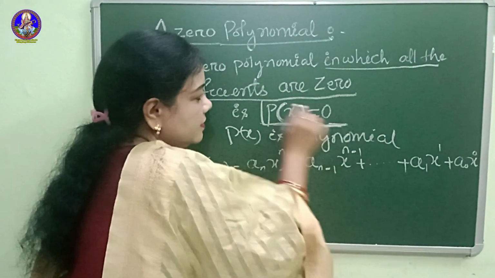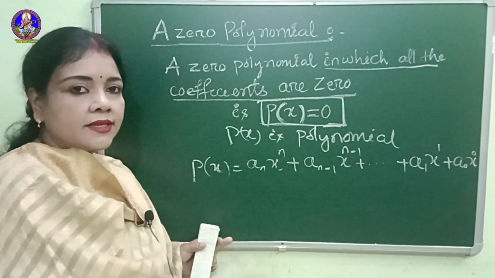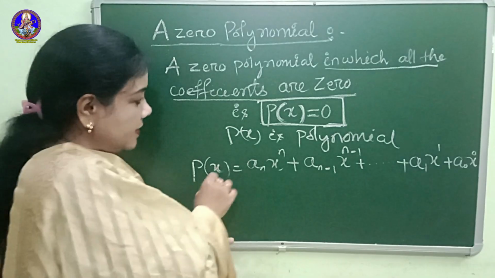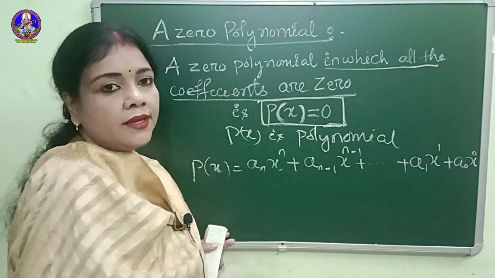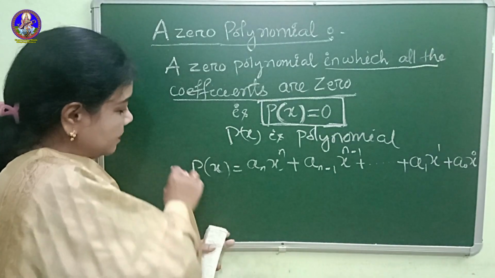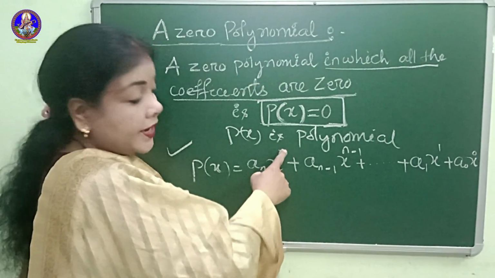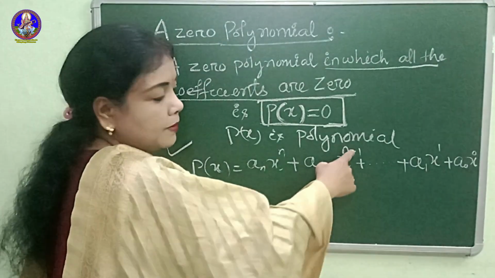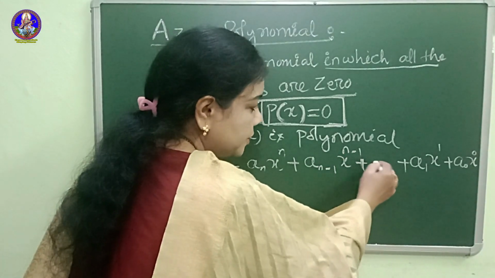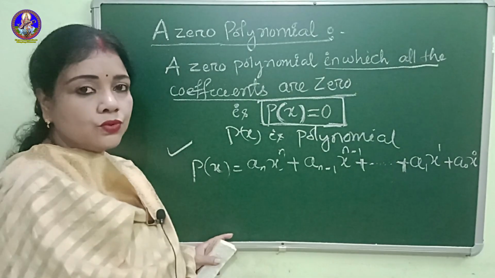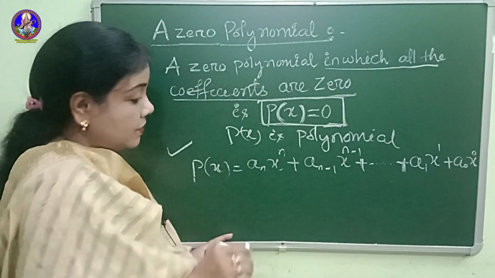For this equation we can write the zero polynomial, but the condition is that all the coefficients must be equal to 0. For example, suppose I write p of x is equal to a_n x to the power n plus a_(n-1) x to the power (n-1) plus up to a_1 x to the power 1 plus a_0 x to the power 0.